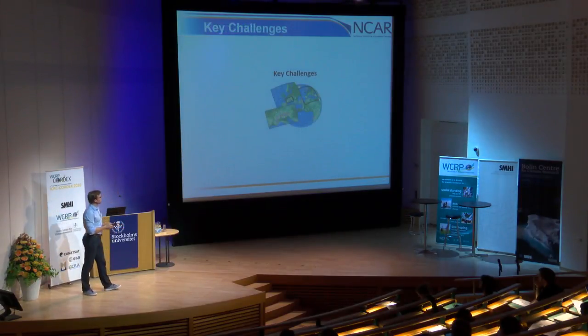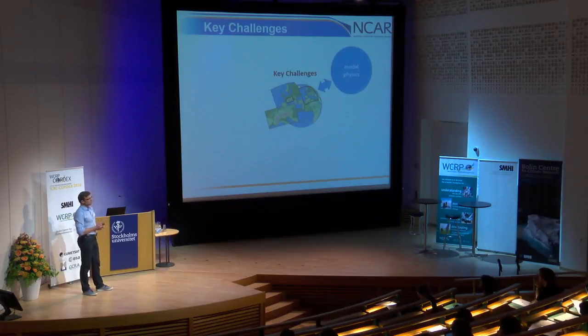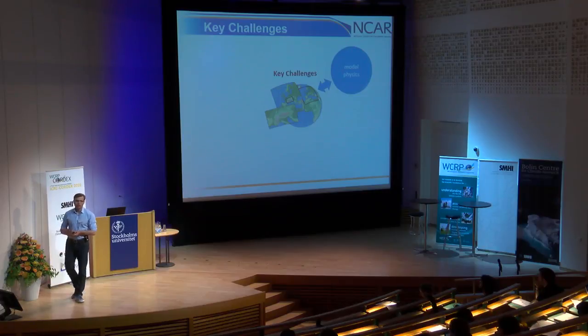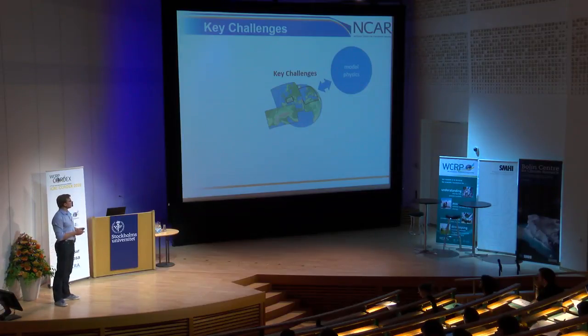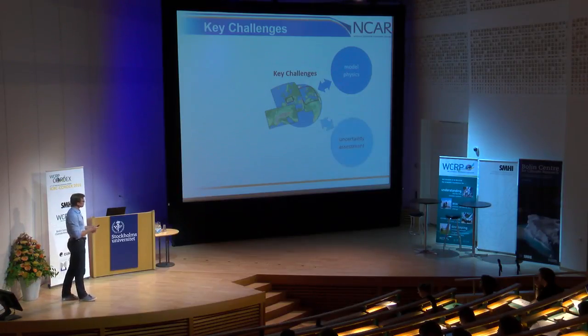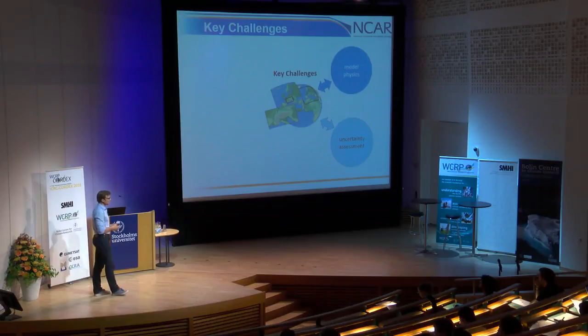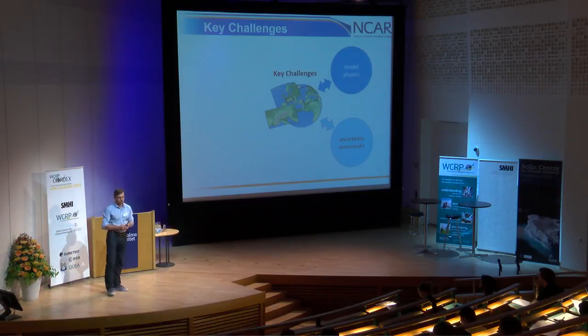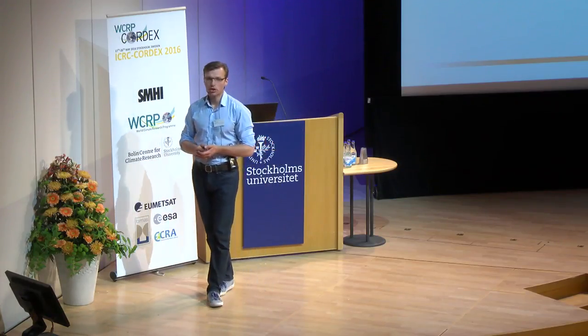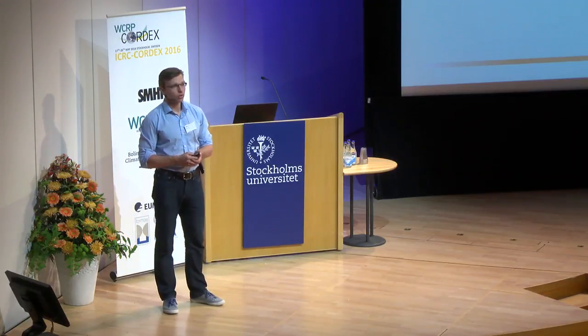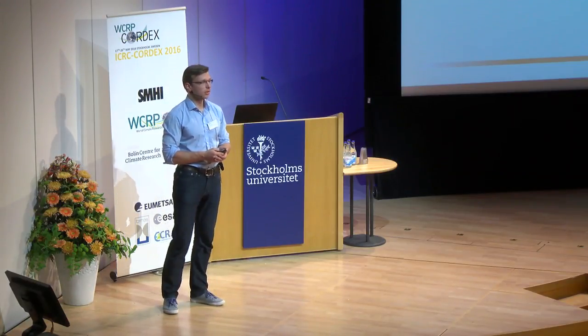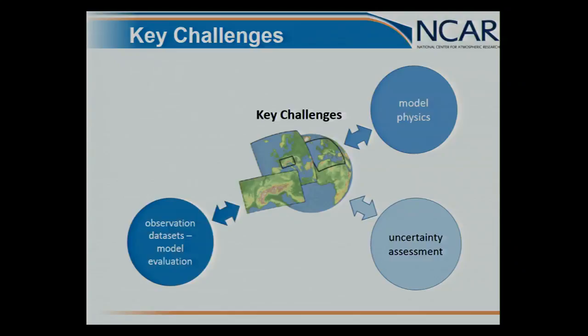Some major challenges that I wanted to highlight. The model physics, I already talked about that. I think we really have to rethink or retune our model physics to have the largest added value from convection-permitting models. Model uncertainty assessments, this is very, very difficult because they are so computationally demanding. You can only afford 1 or 2 runs, so it's very hard to assess uncertainties in these models.